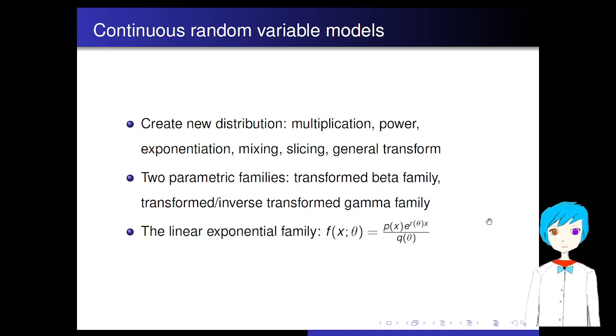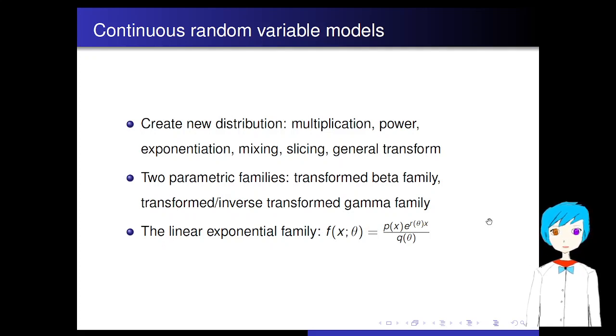We learn how to create new distributions from a known distribution. We have multiplication where Y equals theta X, X is known, power where Y equals X to the power 1 over r, exponentiation where X equals e to the power Y, mixing where we have several distributions and then we mix them together, slicing where we also have several distributions and the probability density function of the unknown variable can take one of those distributions when the variable X is in different intervals.